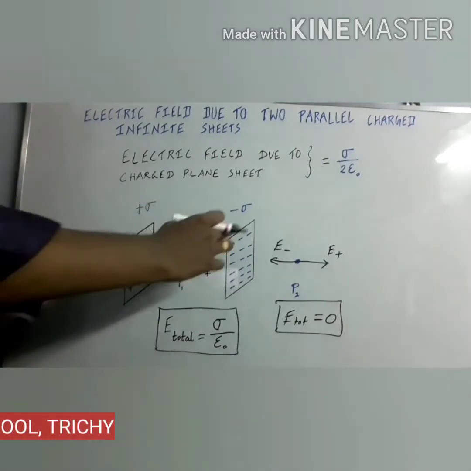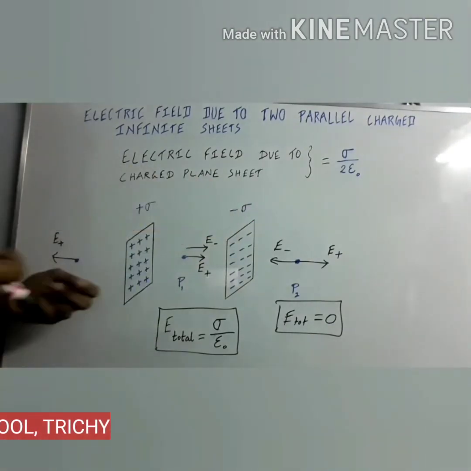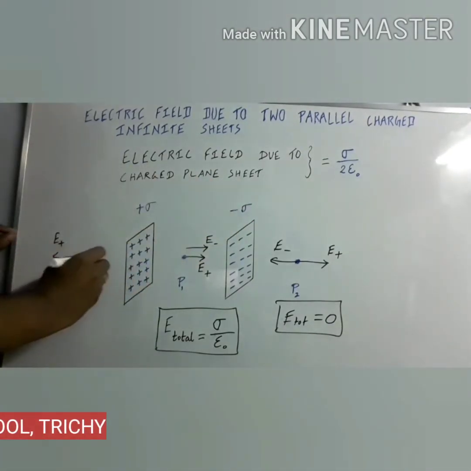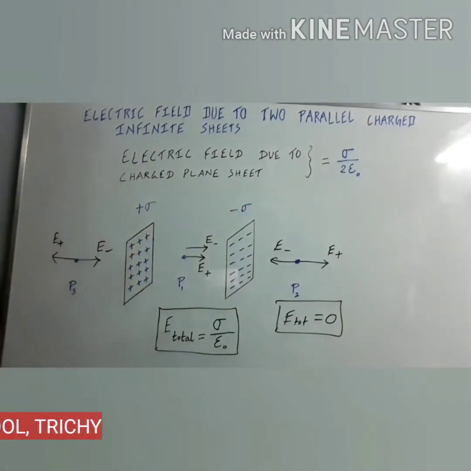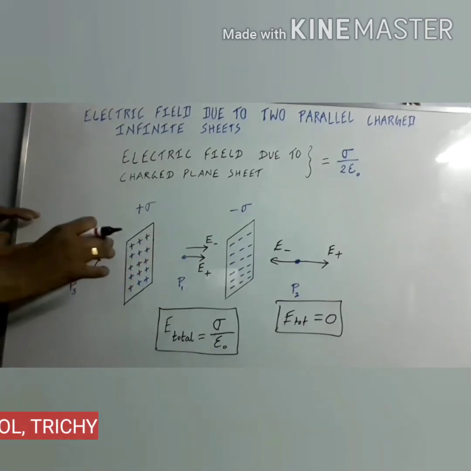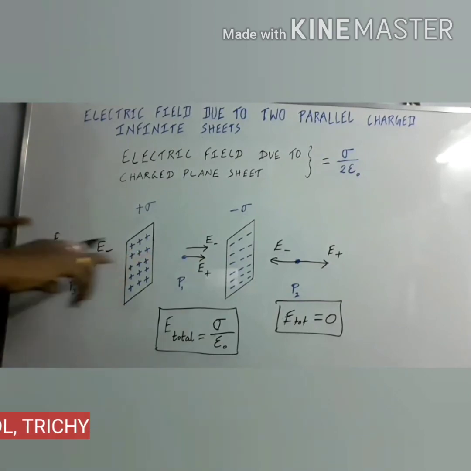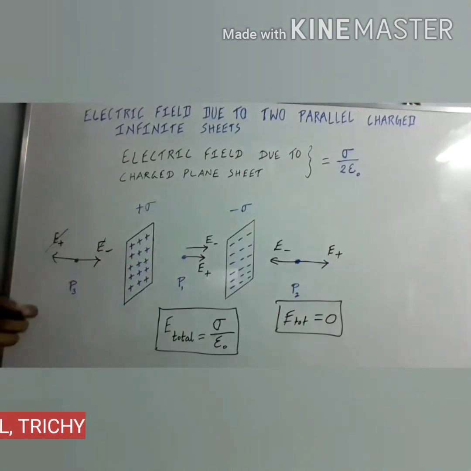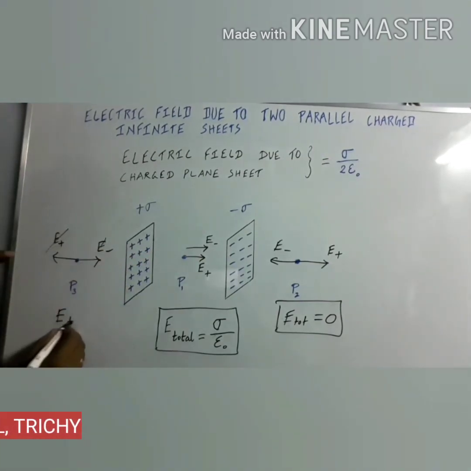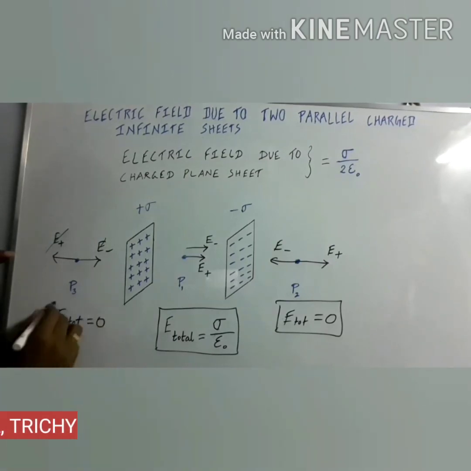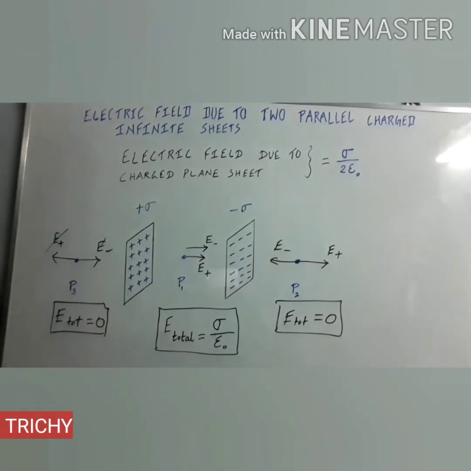The positive charge will be attracted by the negatively charged plane sheet. Attract means what is the direction? So the direction of the electric field given by the negatively charged plane sheet will be in this direction. Here also both are uniform electric fields. They both have the same magnitude and the directions are opposite to each other. So here also they will cancel each other. So what will be the value? Total electric field at point P3 will be equal to 0.